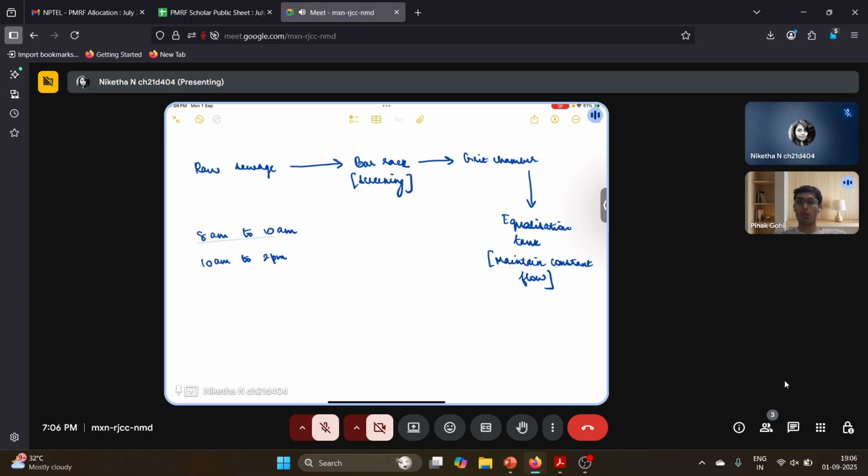Also, we may have sewage with different characteristics, with different composition, some with a high organic load and some with a lower organic load.